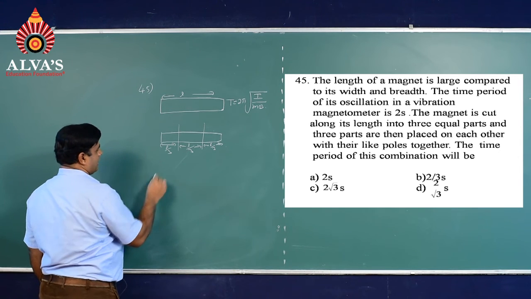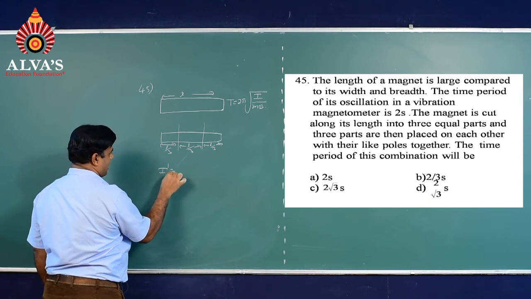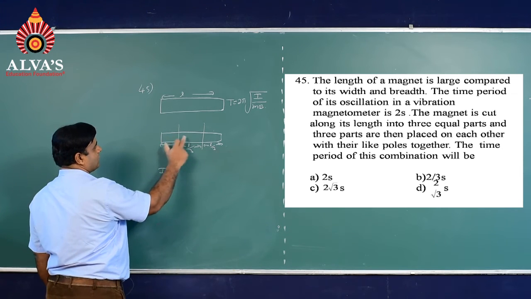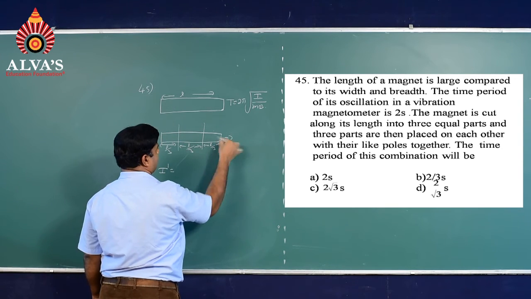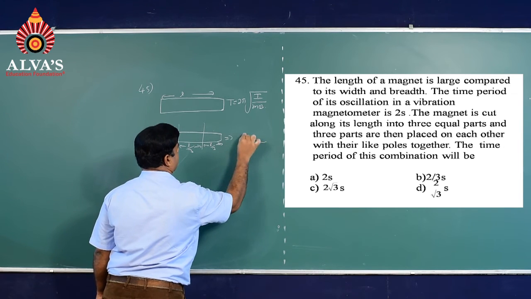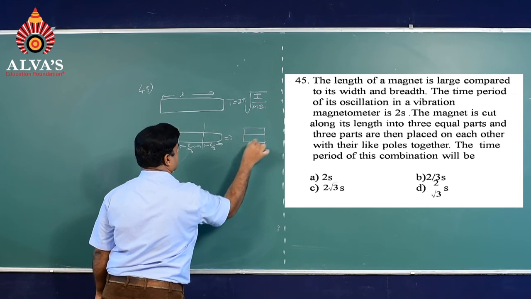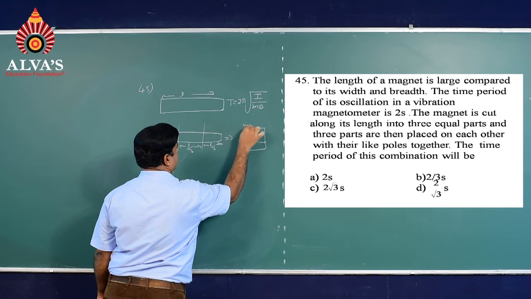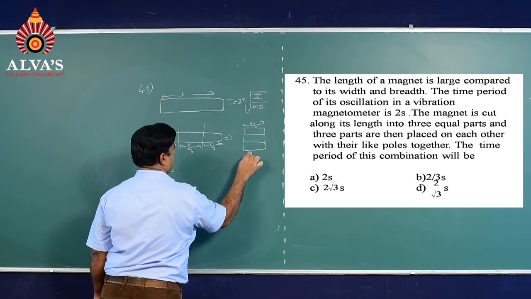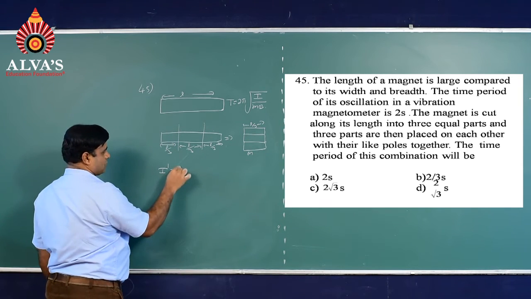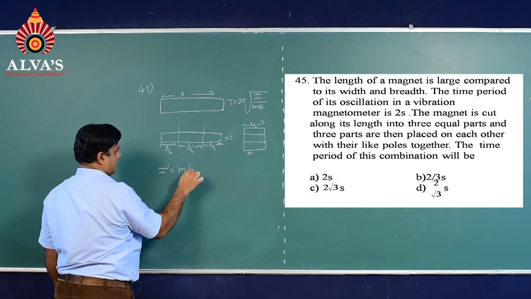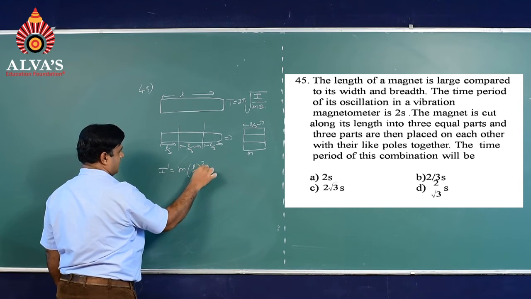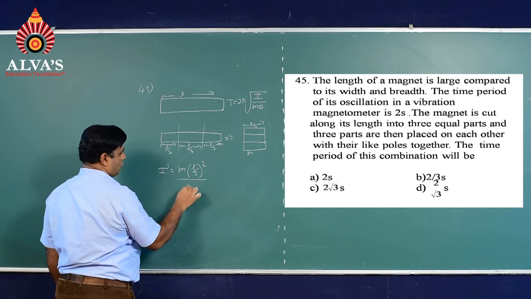Therefore, the new moment of inertia I dash is, whenever all the 3 parts are combined, length equal to L by 3, mass remains the same. So mass remains the same, length becomes L by 3, squared by 12.